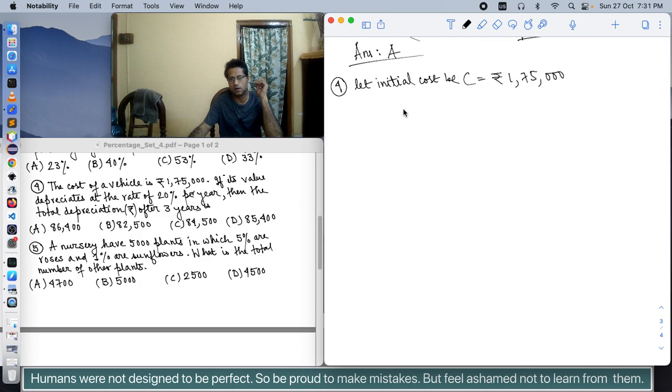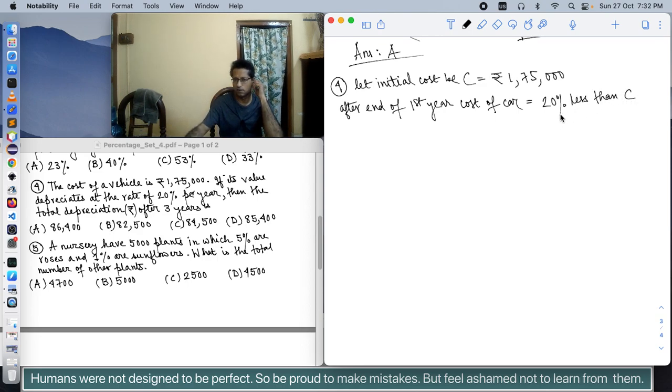Okay, so we are assuming that the initial cost of the vehicle is rupees C, which is actually rupees 1,75,000. So what will be the cost of the vehicle at the end of first year? The cost of the car will be 20% less than C. C is the original price.